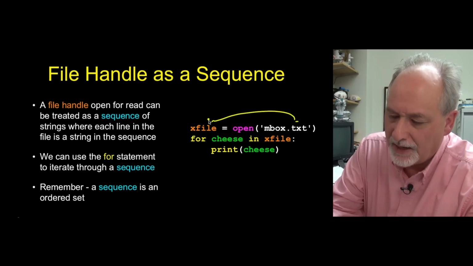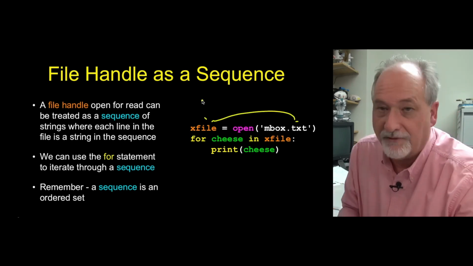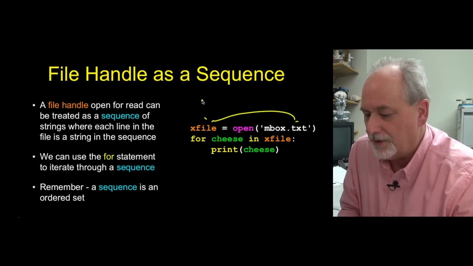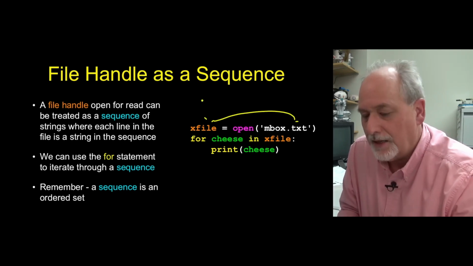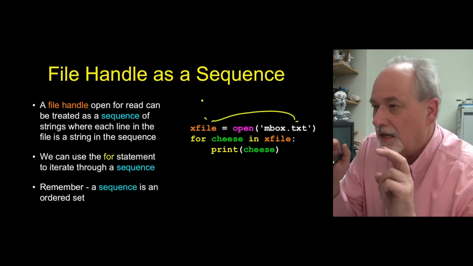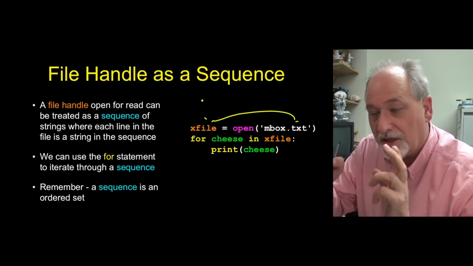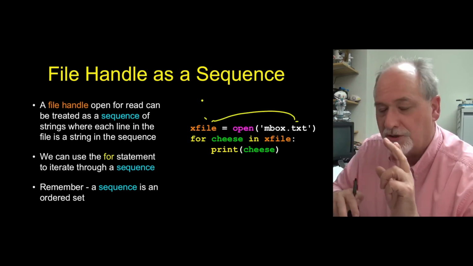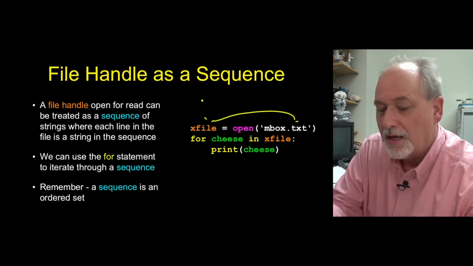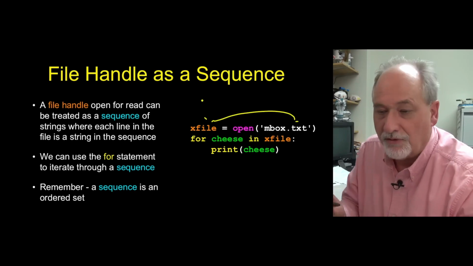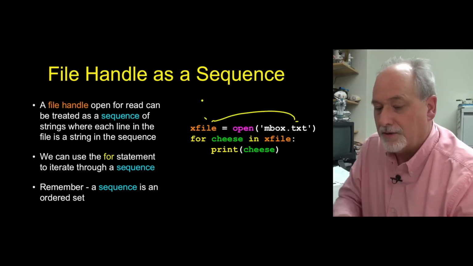That handle, xfile, is the variable I just named it xfile. That's not the data, but it is a sequence. That file handle represents to Python a sequence that we can potentially walk through and get all the lines. And it's the simplest, most elegant way to read all the lines in a file.